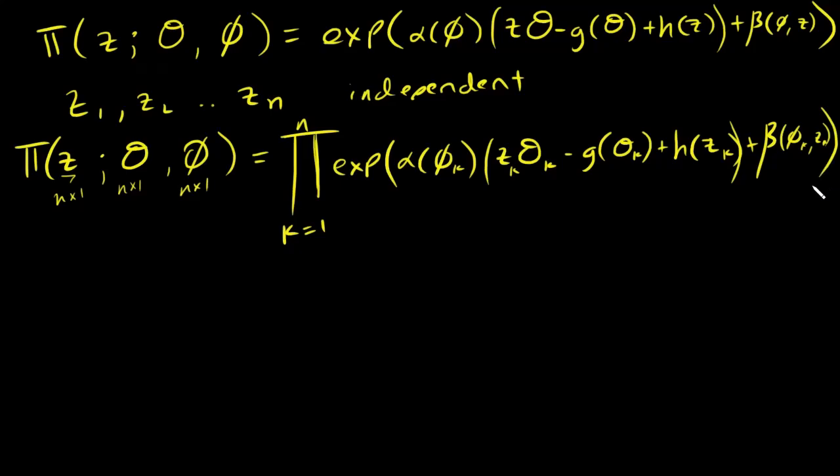So you see, I've just basically added subscript k to everything, right? And you might be wondering, why am I using k and not i? Well, let's go back to the paper.